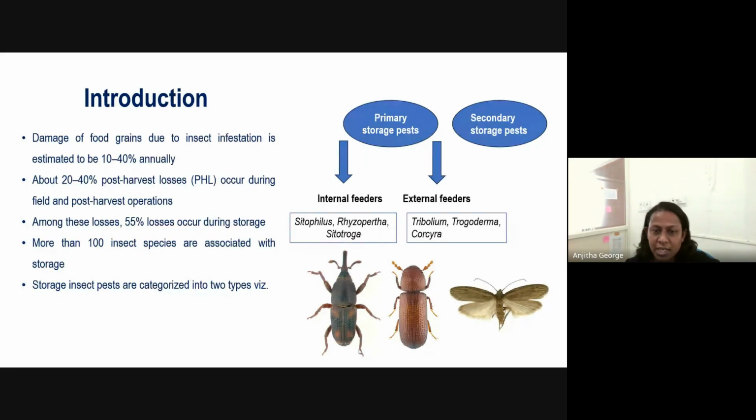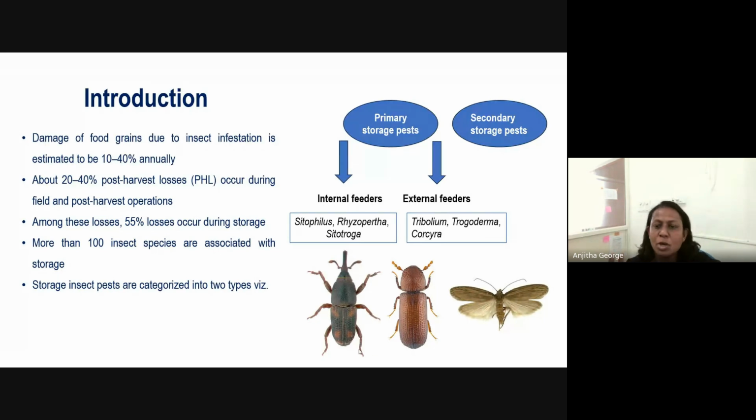Why? Because if the seed you are using for sowing is good, the farmer will get a good crop or high yield in the coming season. If the seed is already damaged due to biotic or abiotic factors, then that is a question mark. So we have to see what are the ways to manage these issues.